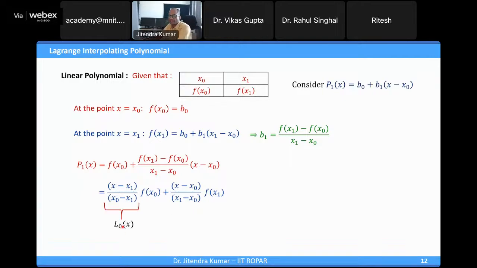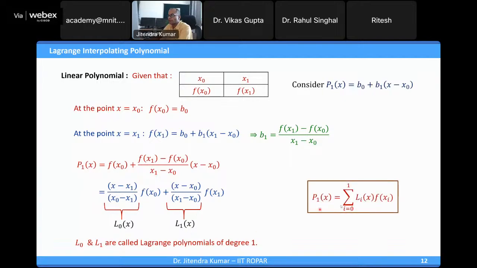This we define as L0(x), and the second one I am naming L1(x). These L0 and L1 are called Lagrange polynomials of degree 1, because they are polynomials of degree 1. And in this special format, x minus x1 over x0 minus x1 and x minus x0 over x1 minus x0, these are called Lagrange polynomials.